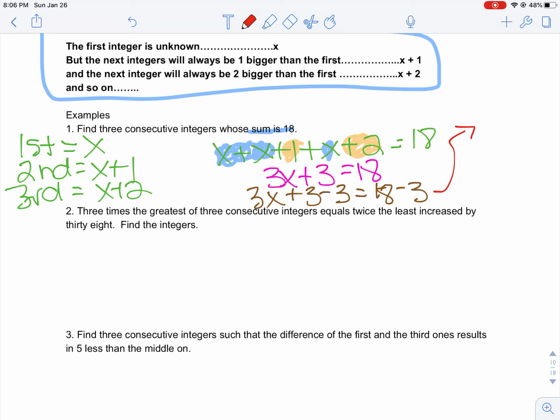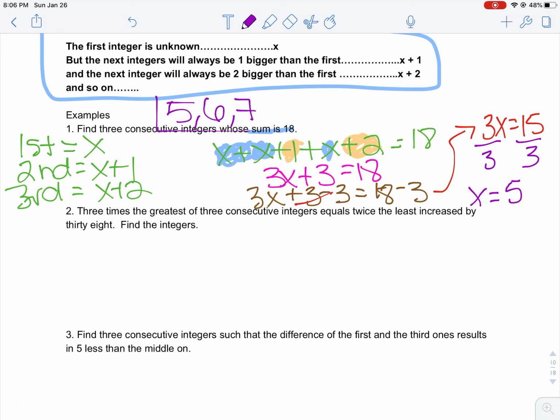Those cancel. I get 3x equals 15. And my last step would be divide everything by 3. So x equals 5. So my 3 integers would be 5. My second one is x plus 1, so 5 plus 1 is 6, and then 5 plus 2 is 7. So this is your final answer.